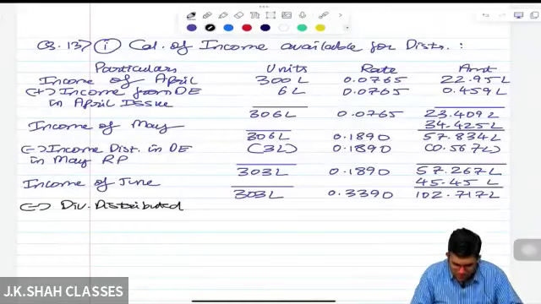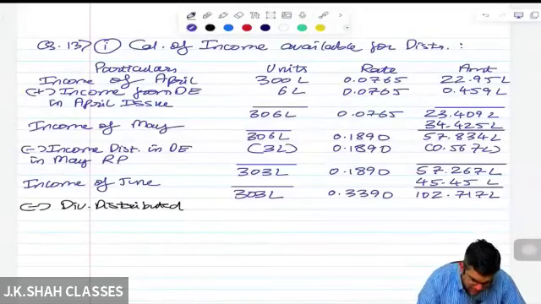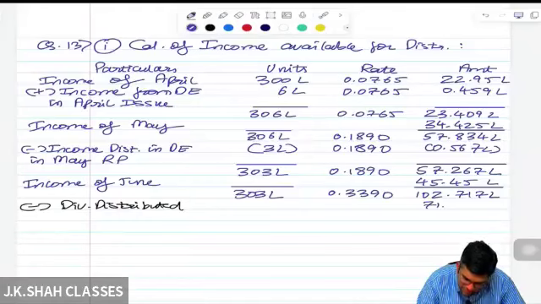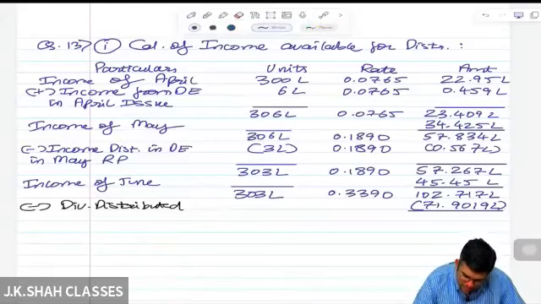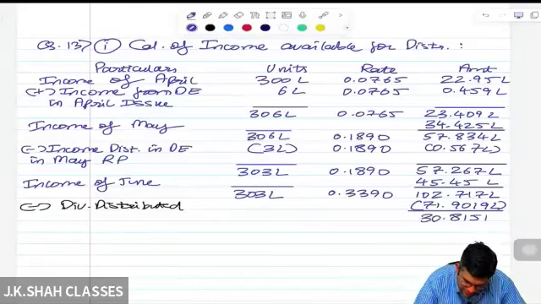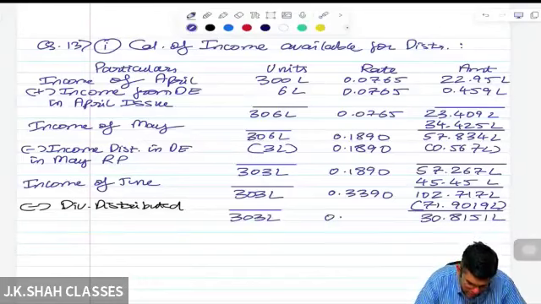And tell me, how will you calculate dividend distributed? 102.717 into 70%, that is 71.9019 lakh. And what will be left is 30.8151 lakh divided by 303 lakh. So 0.1017.